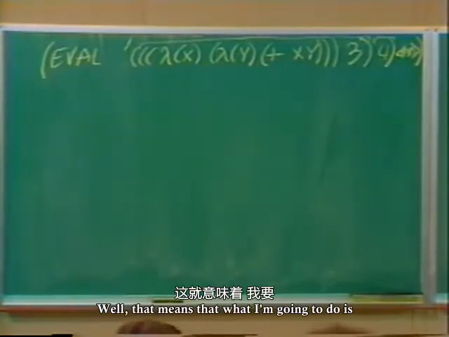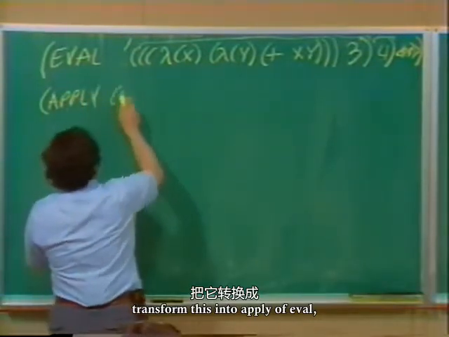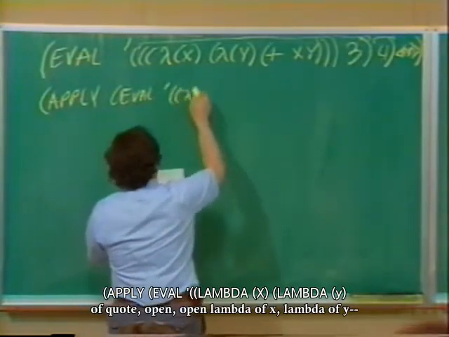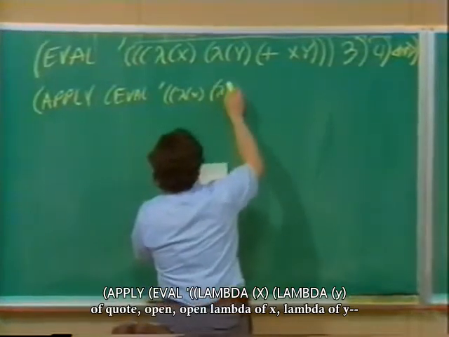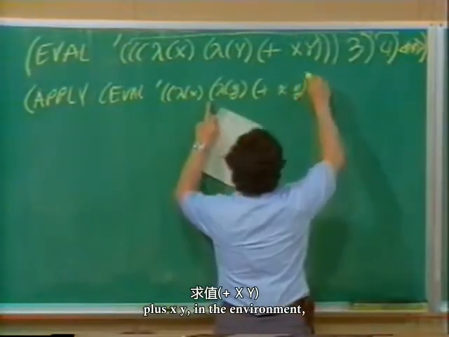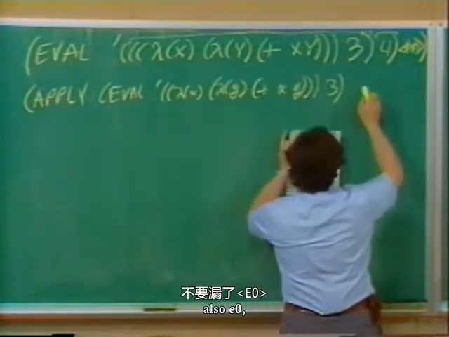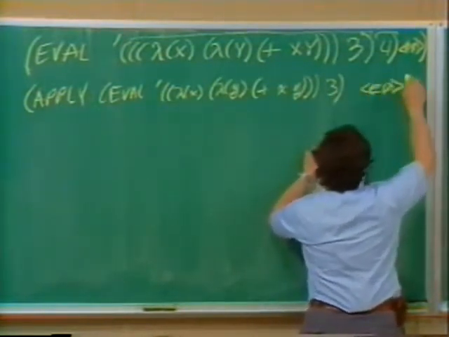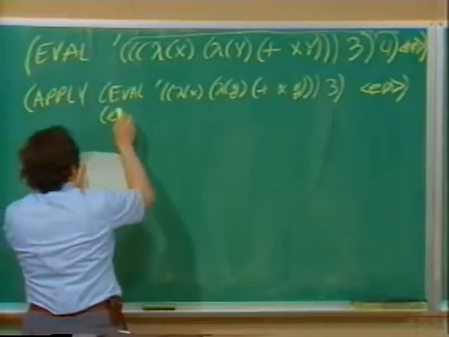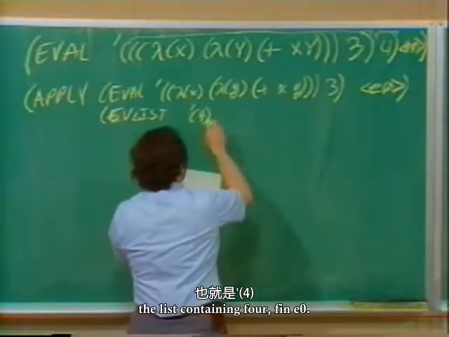Well, that means that what I'm going to do is transform this into apply of eval of, quote, open lambda of x, lambda of y, plus x y. I'm evaluating the operator in the environment, also E0, with the arguments I'm going to apply this to being the result of evlist of the list containing 4 in E0.